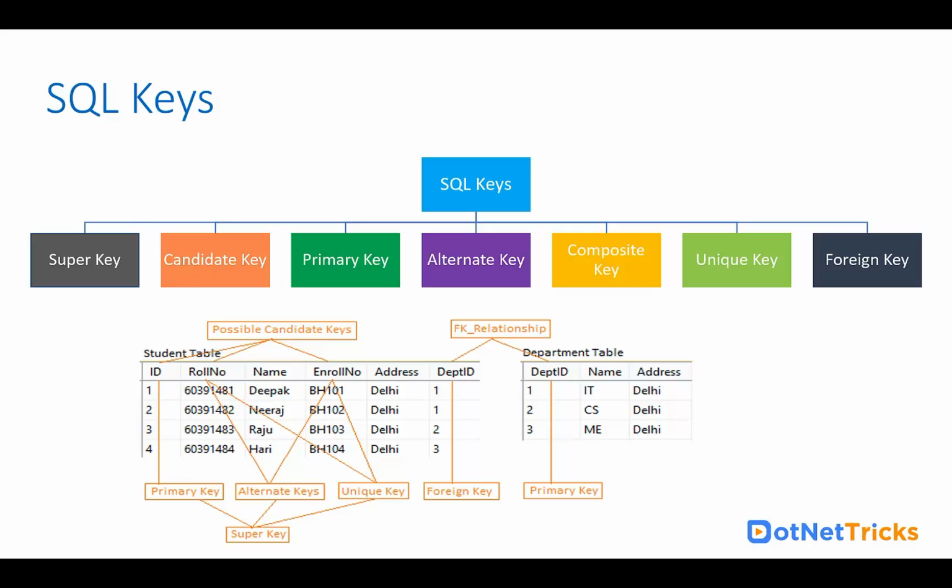Similarly here, in this student table, ID, roll number and enrollment number are actually unique numbers that can be used to identify any record in this student table uniquely. These are the possible candidates, just like the candidates in the election. Now among these possible candidates, you have to select only one to represent that area.